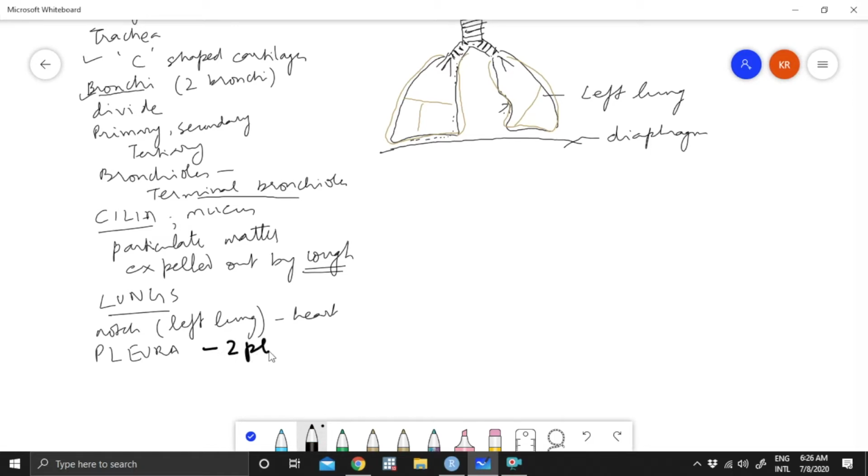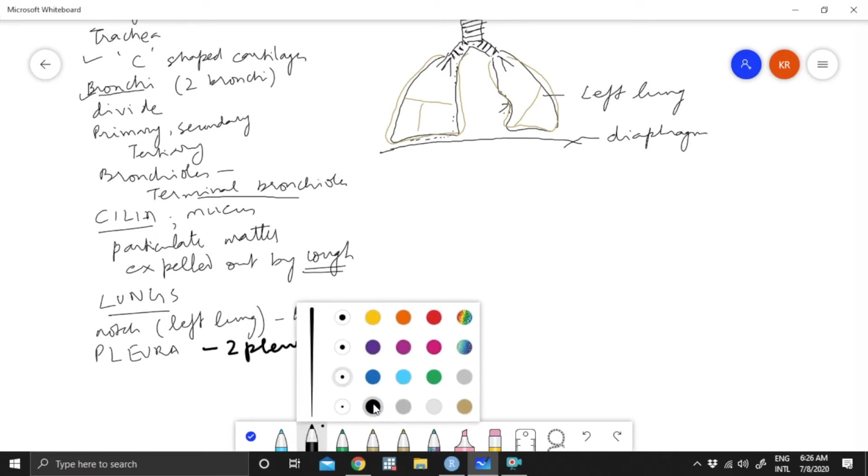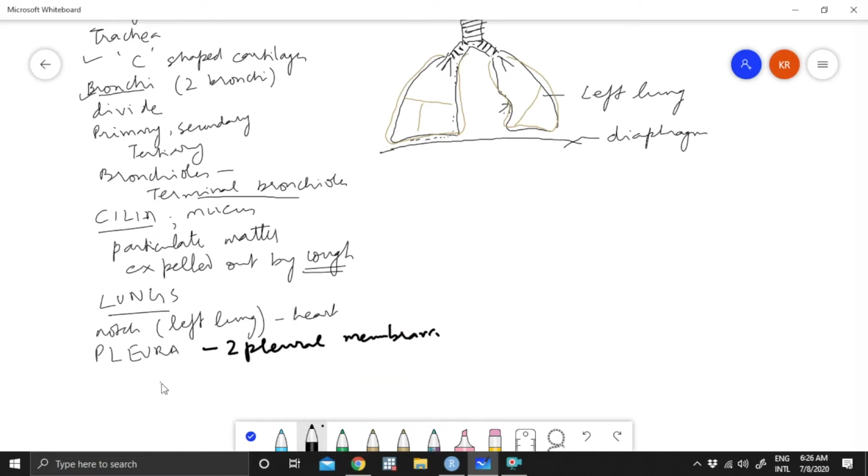Two pleural membranes. There are two pleural membranes, and there is a fluid inside them, which allows easy breathing.